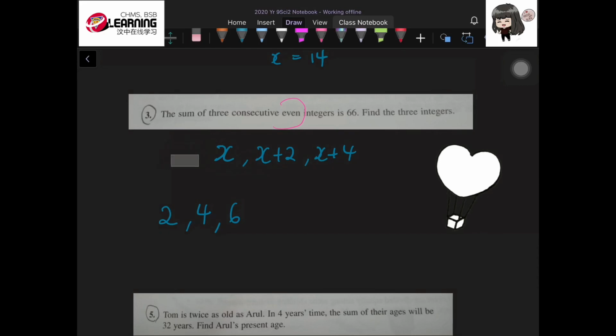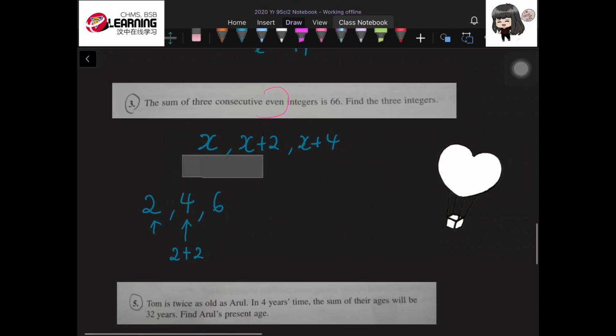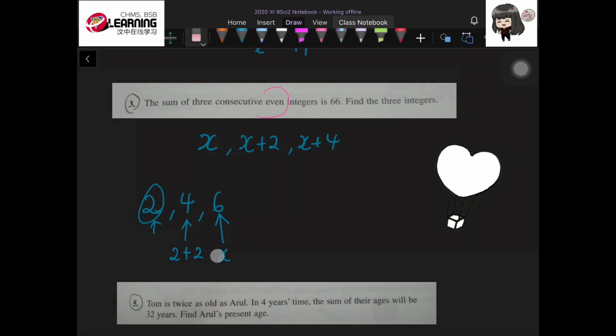So we can see that the first term is 2, the second term is the first term plus 2, which equals 4. And the third term is the first number X, which is 2, plus 4. So what do you think the next number is?